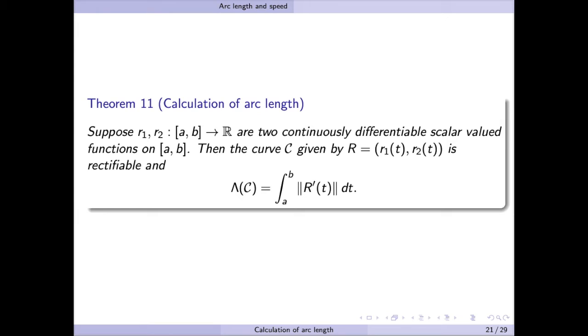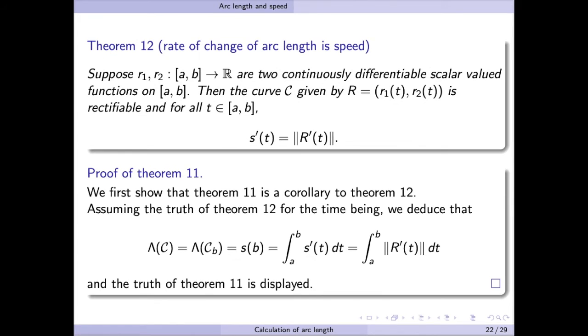Let r1 and r2 be two scalar valued continuously differentiable functions on the interval [a, b]. Then the curve C given by the parameterization r equal to (r1 of t, r2 of t) is rectifiable, and lambda of C is equal to the integral from a to b of the norm of r prime of t.